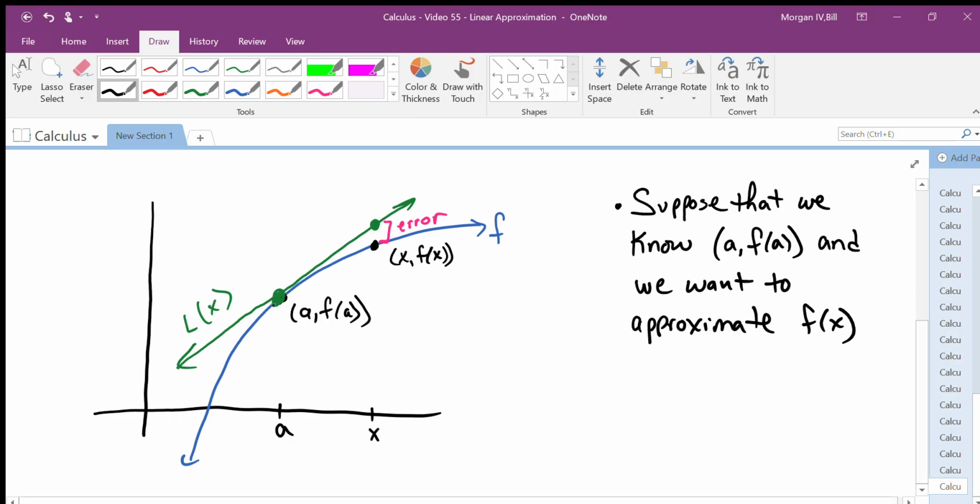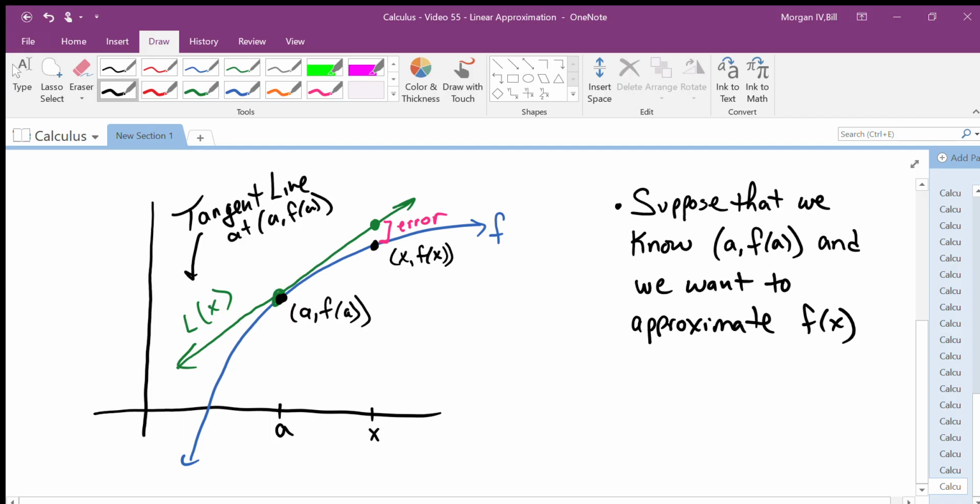All right, so suppose that we know a, f of a. So we know over here a, f of a, and we want to approximate f of x, the function value at x. We can do that using the line, the linear approximation, the tangent line at a, f of a. So L of x is the tangent line at the point a, f of a.